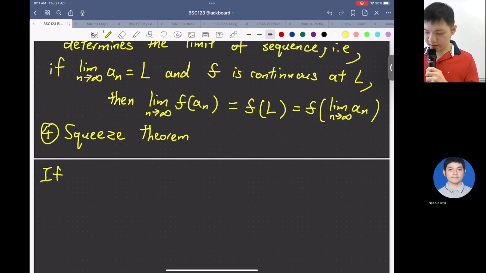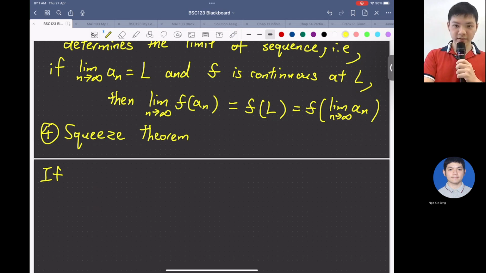So let's say if you bound a sequence, okay, let me see.